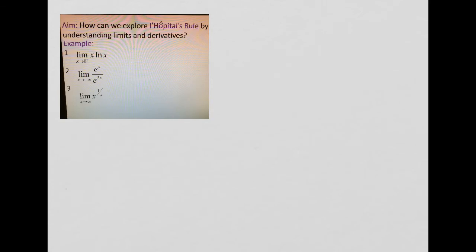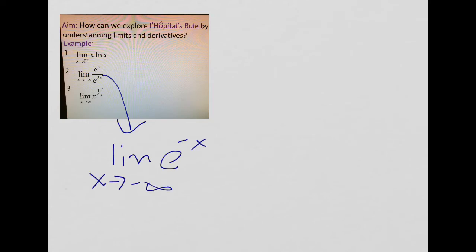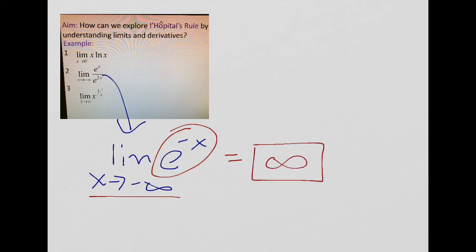So I can use the limit of e to the negative x as x approaches negative infinity. As you look at this function, think about transformation. As x approaches negative infinity, the values keep getting bigger and bigger and bigger. So it may not have an exact value, but we can say the limit is infinity. So that's it for number 2.